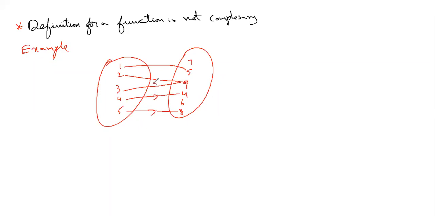So you can take this function. It's a relation, first of all, and it is a function. And you can't give the set builder form of this.